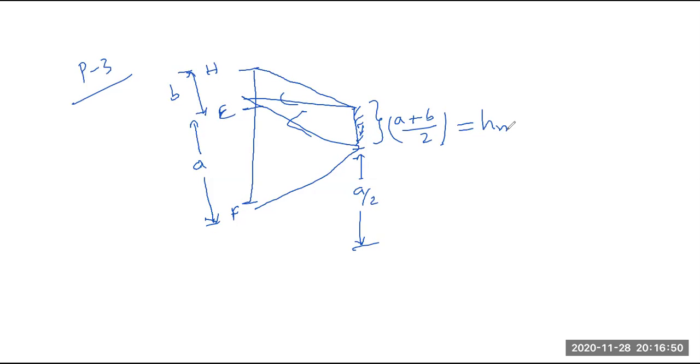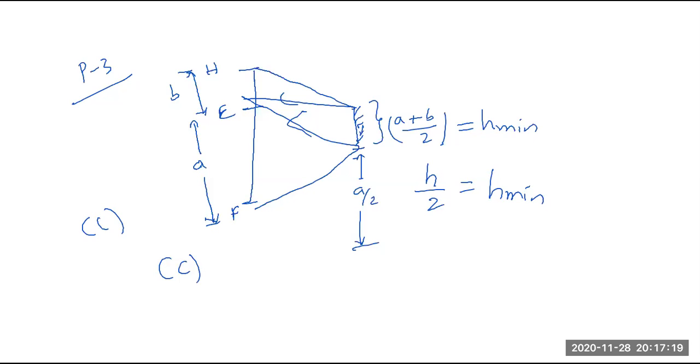This is the minimum height required. If the height of the person is h, the minimum height required will be h by 2. I have done this already in the class, so you can go through the class notes also. So h by 2, option C, is correct.